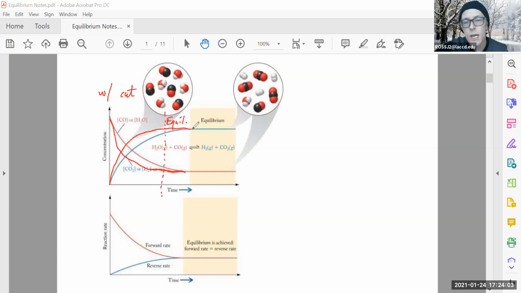Notice I don't change, if I looked at the equilibrium expression, if I look at Kc here, it would still be like this.